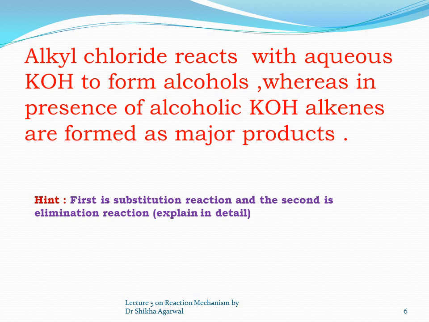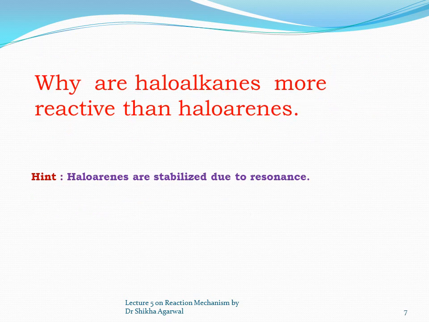And we have studied the conditions in which substitution reaction occurs and also the conditions under which elimination reactions occur. So when there are polar solvents, then substitution reactions will occur, and when there are less polar solvents, then elimination reactions will occur. So you have to explain this in detail.